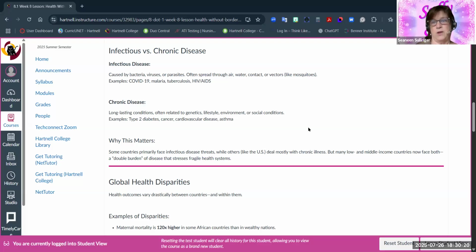Or they have to deal with chronic illness. But a lot of low and middle income countries now face both infectious disease and chronic disease, and fragile health systems.